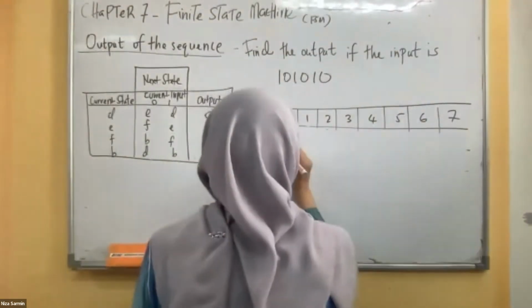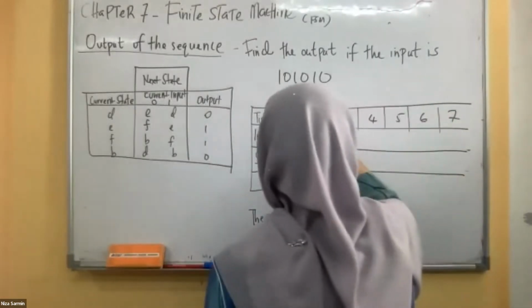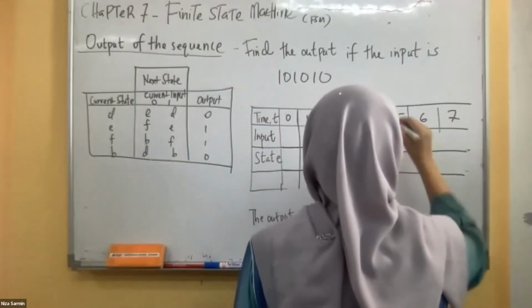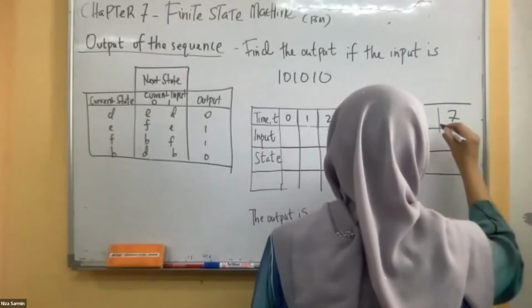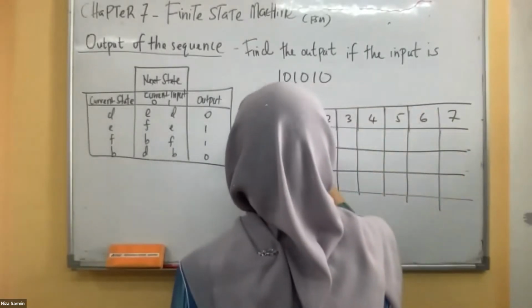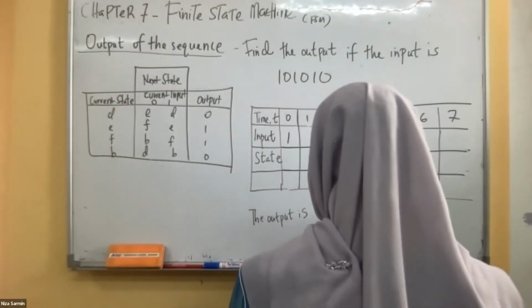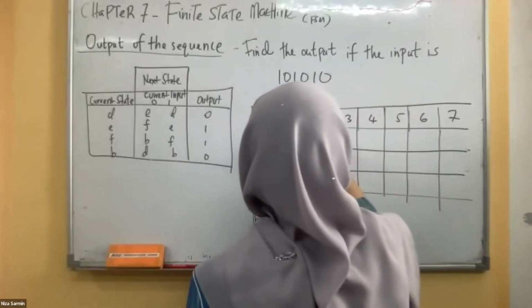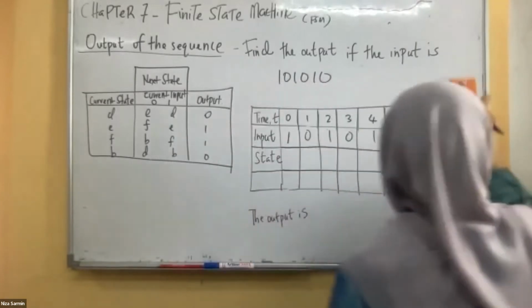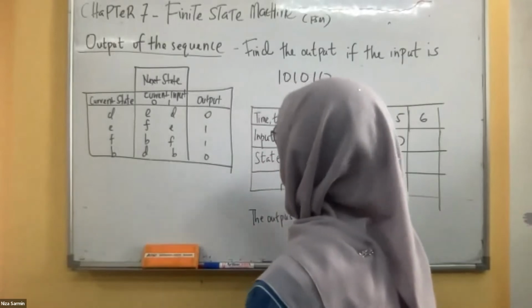Okay, input 1, 1, 0, 1, 0, 1, 0. Okay, and then Rabia.